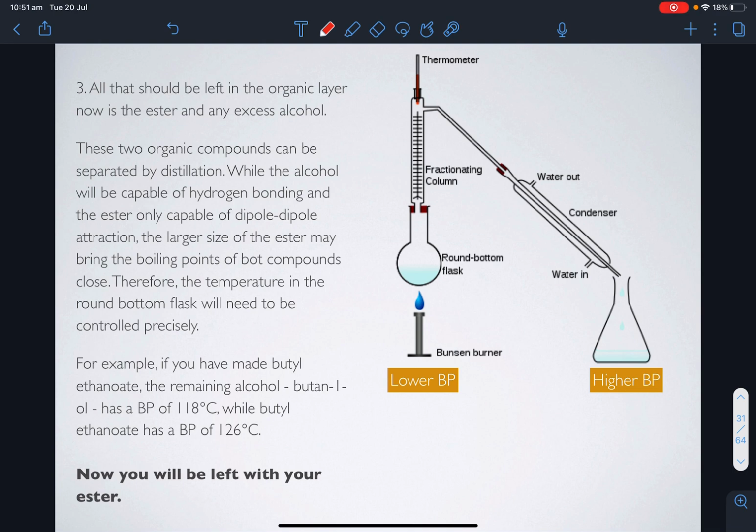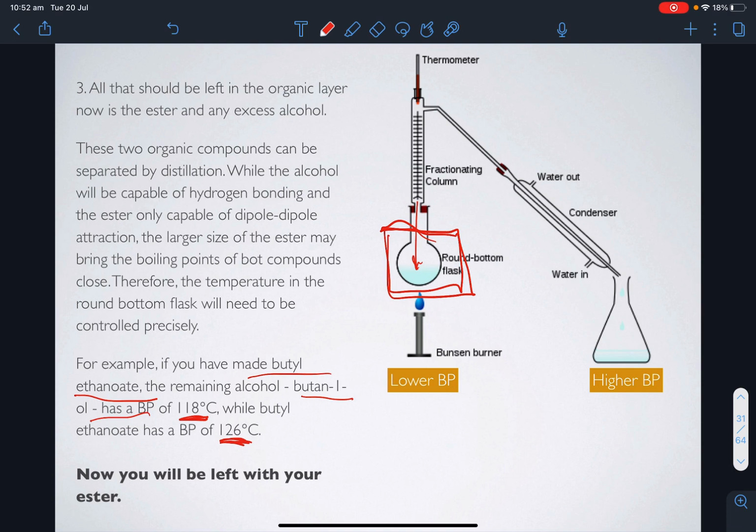So it's a bit tricky. You really have to control the temperature in our bottom flask here. For example, if you're making butyl ethanoate, the remaining alcohol is going to be butanol, and it has a boiling point of 118, but the ester has a boiling point of 126. So you've only got a small range to control in there to get separation.